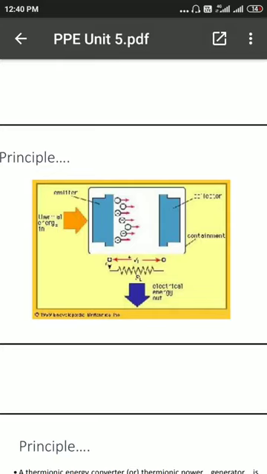This is a figure where one side is called the emitter and the other side is called the collector. If we start to heat the emitter, it emits electrons, and those electrons are then collected by the collector.